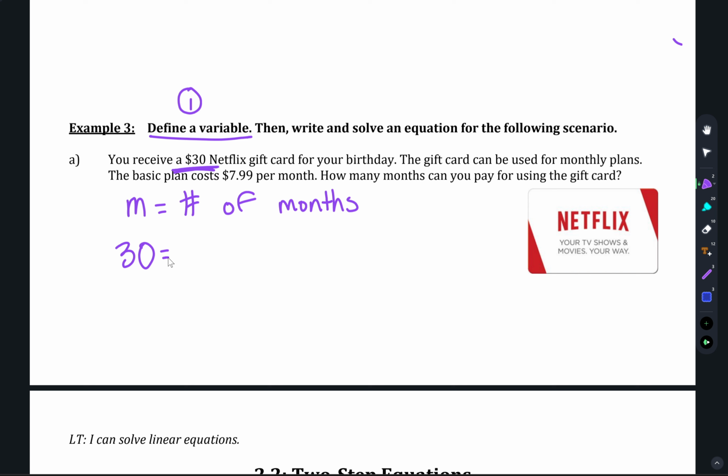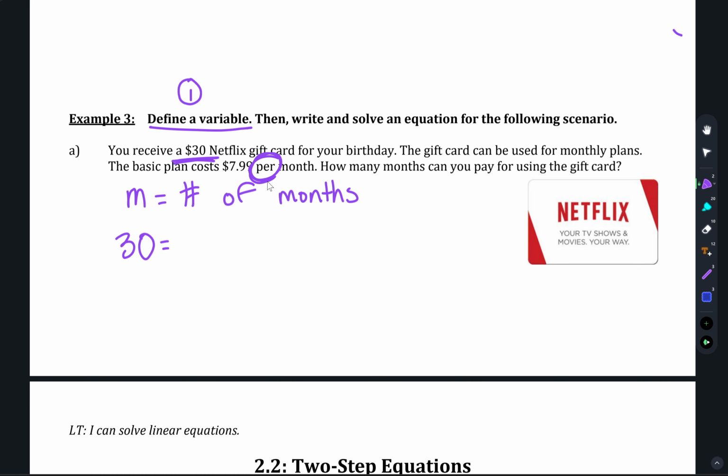Do I see some of those math words that we learned in the first unit that tell me what kind of operation I'm doing? What do we think? Yeah, that word per tells me I'm doing some kind of multiplication. $7.99 per month means I'm going to do $7.99 times months, which is M.